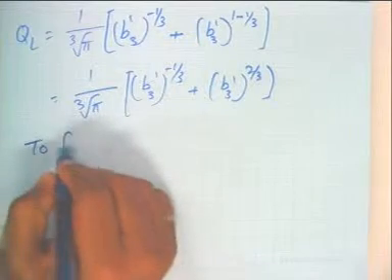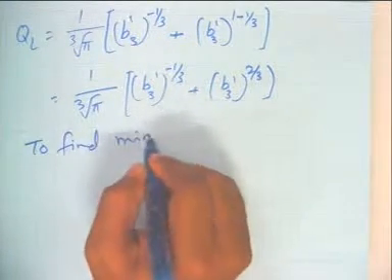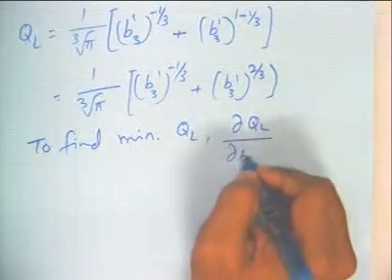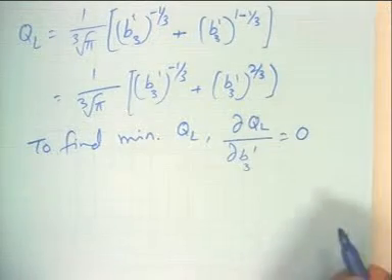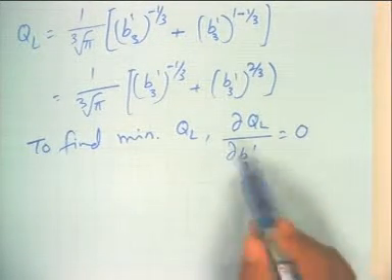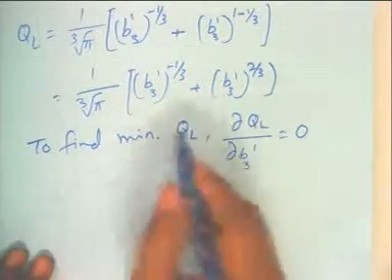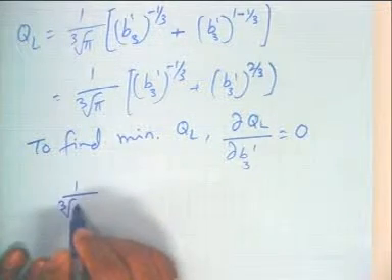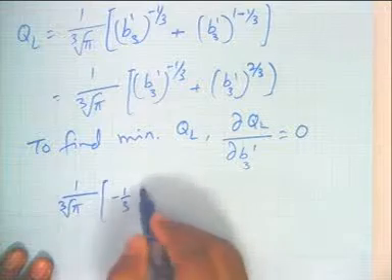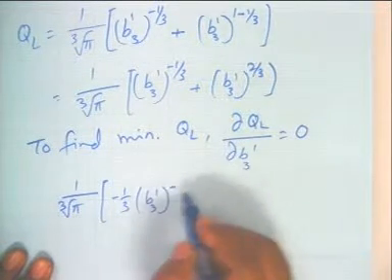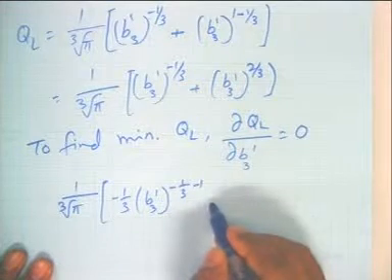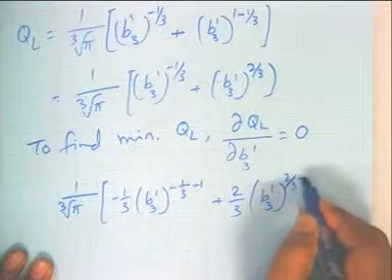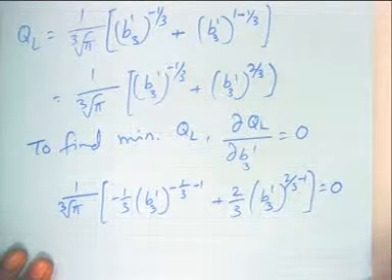So, to find minimum QL, I perform del QL del B3 prime equal to 0. This, you know, is the condition of maximum or minimum. So, now if you do this, this will become 1 over cube root of pi, minus 1/3 B3 prime to the power minus 1/3 minus 1, then plus 2/3 B3 prime to the power 2/3 minus 1 should be equal to 0, right.